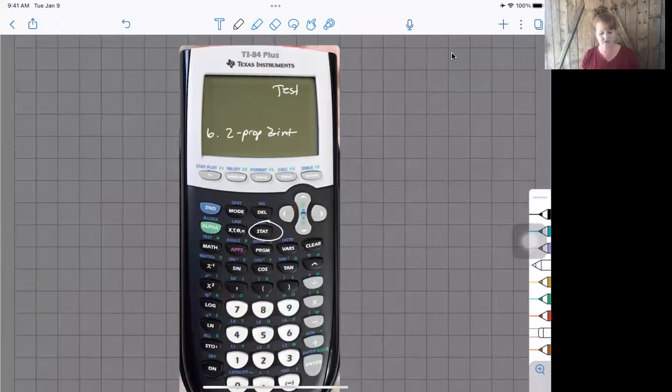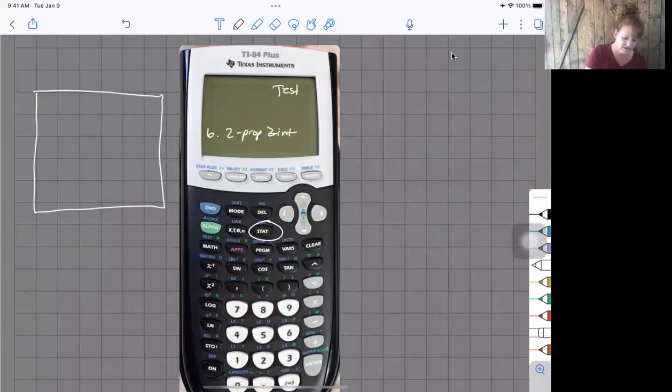You're going to hit enter on that and fill in your information. Let me get my ClassCalc people in the right menu. They're asking for X1, N1, X2, N2, and then which way your graph is going.